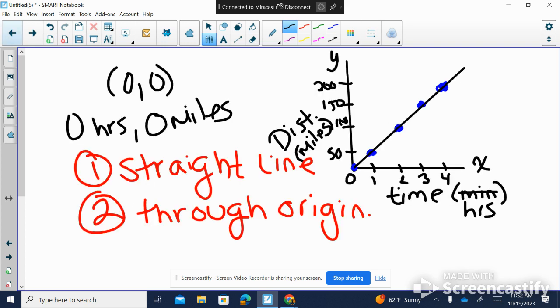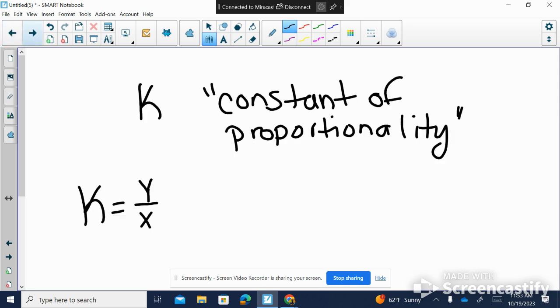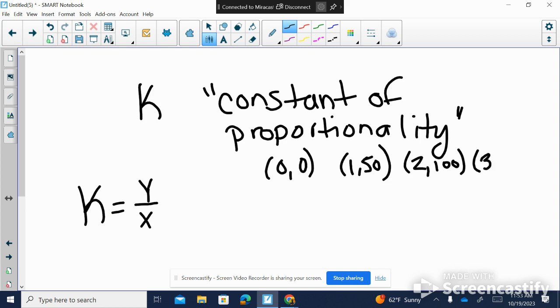So if I go back over here, I have a series of 1, 2, 3, 4, 5 points. Okay, and my points are 0, 0, 1, 50, 2, 100, 3, 150, and 4, 200. So I can use any of these points because if something has a constant of proportionality, again, we can use multiplication and all the ratios of y to x should be proportional.